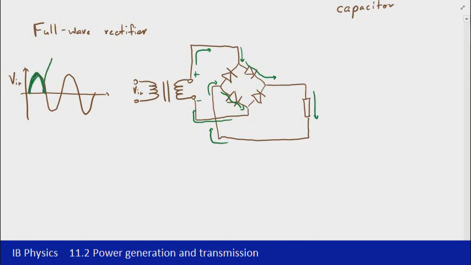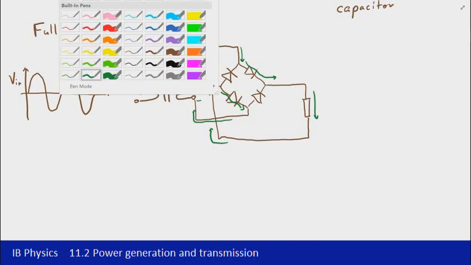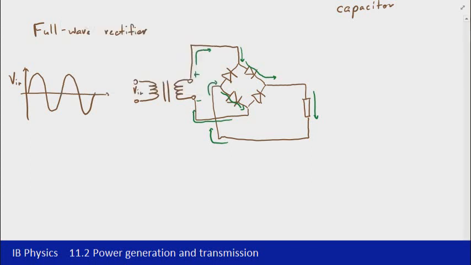If we then have a look at what happens on the negative, and I'll just change colour here to make it a little bit easier to see. On the negative half cycle, that means we're going to have negative at the top, positive at the bottom. So current's now going to flow this way into the circuit. You can see now that this left hand diode is again reverse biased, and so current has to flow up the right hand diode.